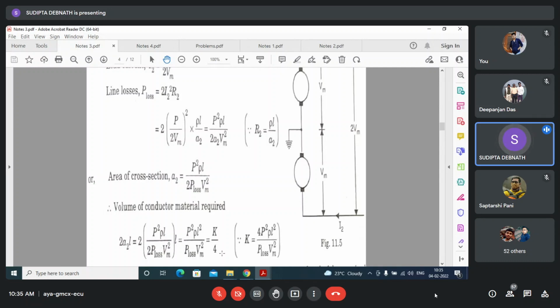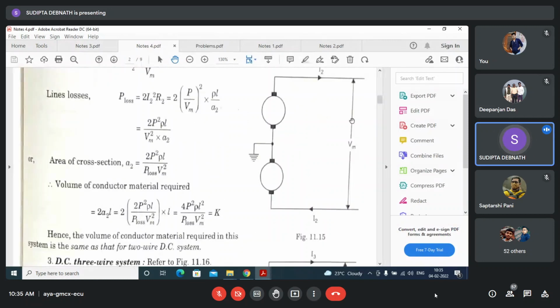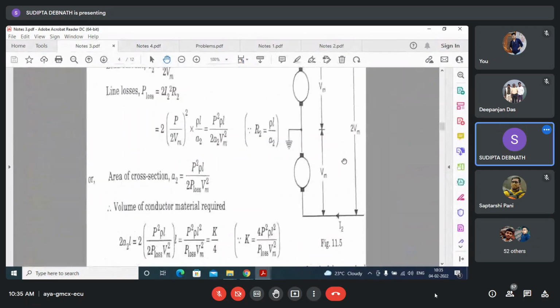So you can understand the volume of conductor material requirement will be less in case of DC 2-wire system when the midpoint is earth. In case of overhead line, okay, it is not for underground cables. In the underground cables, you can see that both will be same because if there is no difference here, both should be same. Okay.